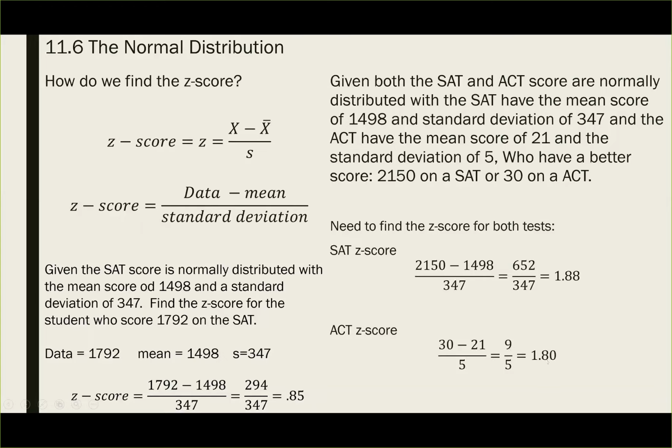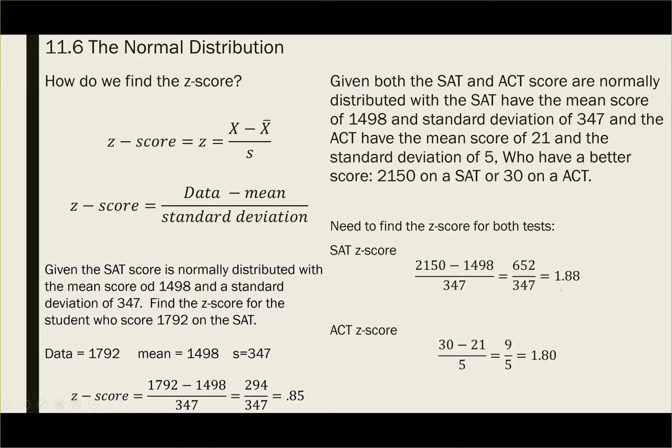So looking at this thing here, as you can see, again, the two scores are very good, right? I mean, individually, the Z-score, the score are very good, right? 30 on the ACT and 2150 on the SAT, that's very high, right? But how good is that? Again, as you can see, among the SAT people, this person scored 1.88 standard deviation, right?